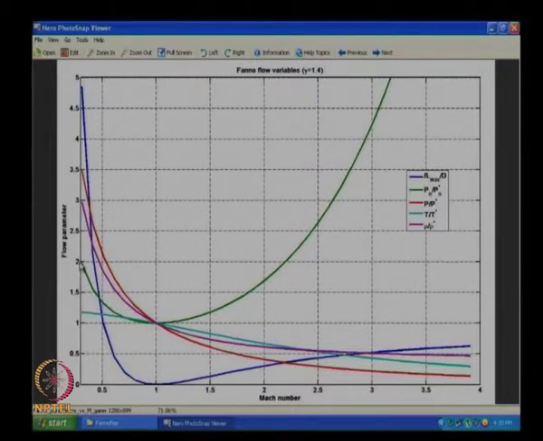But what we are seeing is, if I think about 0.5 Mach number jump, I am going from something like 1.3 to 1 P naught star, and in supersonic the same 1.3 P naught to 1 is happening for a Mach number of the order of 1.7 or 1.75 to 1.